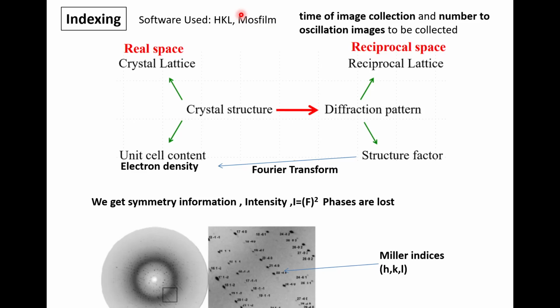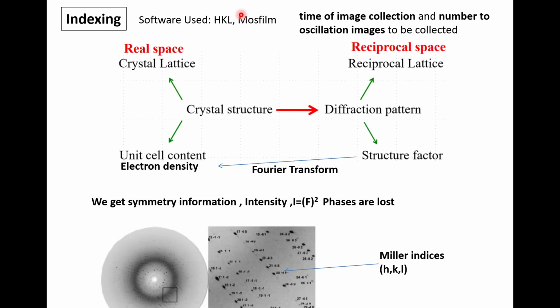Now if you think that A, B, and C can go from 0 to infinity, right? If this is a very large crystal, then to compute the diffraction pattern just by A, B, and C, you will have points from 0 to infinity, and that is a huge collection of points.